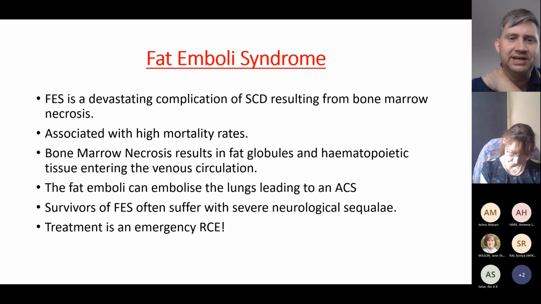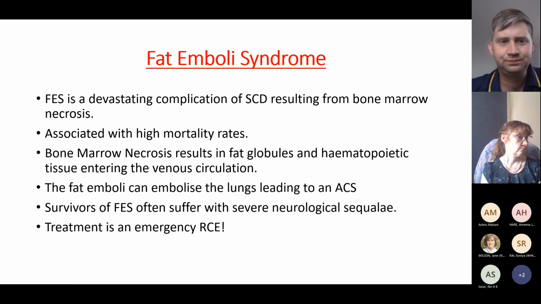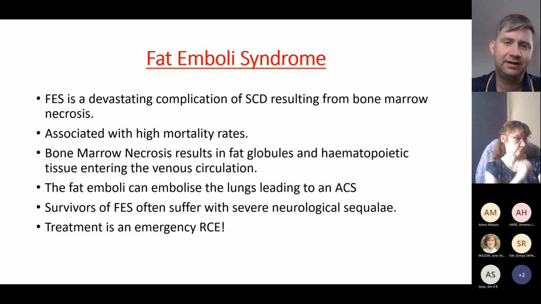It's a devastating complication of sickle cell disease resulting from bone marrow necrosis, and it's associated with high mortality rates. The bone marrow necrosis results in fat globules and hematopoietic tissue entering the venous circulation, and those fat emboli can embolize the lungs, leading to an acute chest syndrome. It can go to the brain, it can go everywhere.